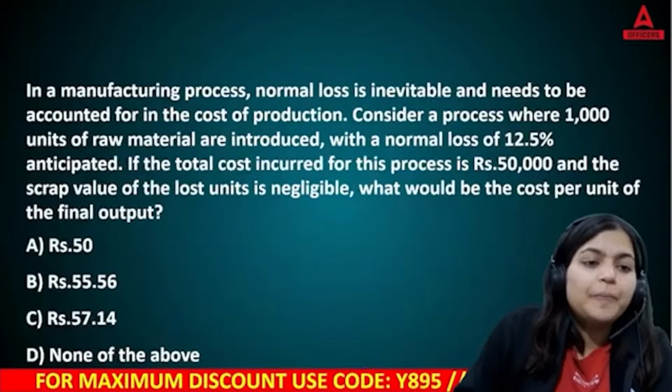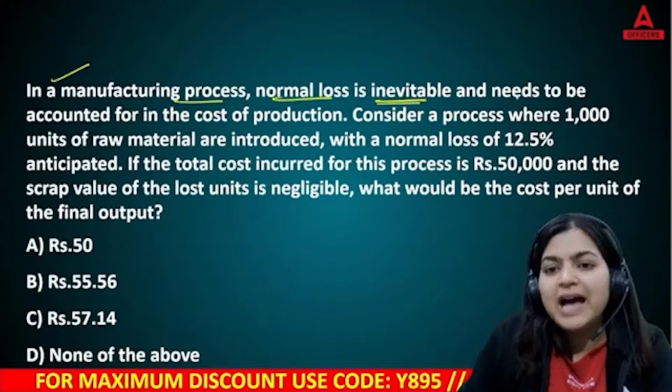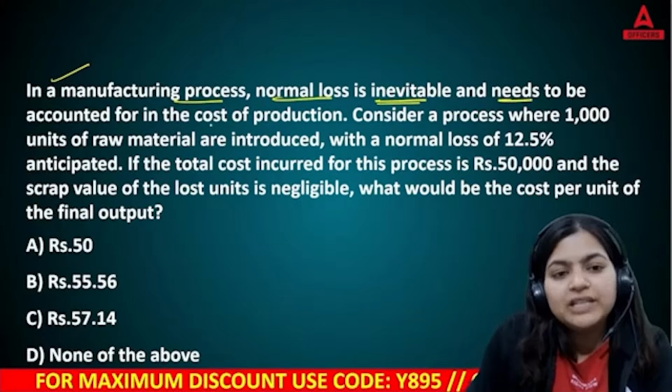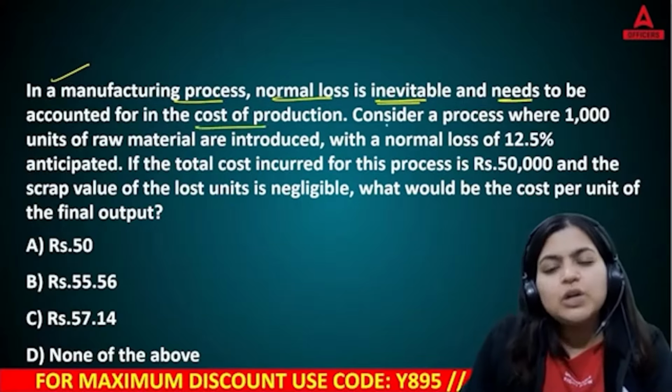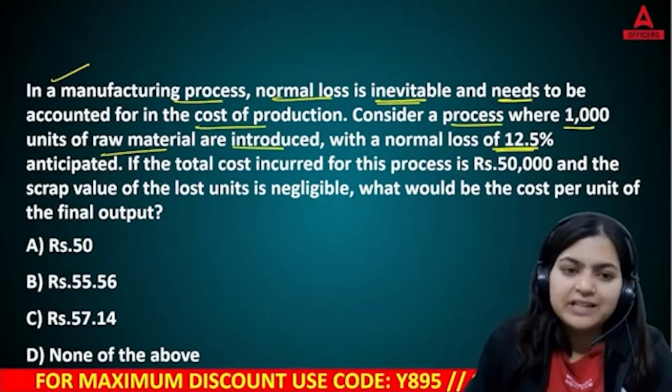Next. In a manufacturing process, normal loss is inevitable and needs to be accounted for in the cost of production. Now consider a process where 1000 units of raw material are introduced with a normal loss of 12.5% anticipated.